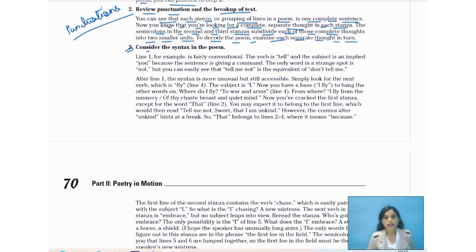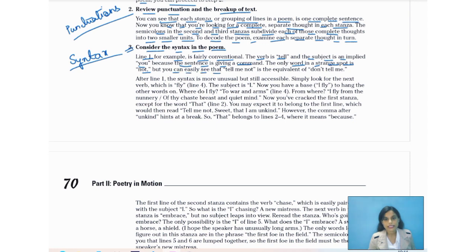The number three way is to consider the syntax in the poem. Line 1, for example, is fairly conventional. The verb is tell and the subject is an implied you because the sentence is giving a command. The only word in a strange spot is not.